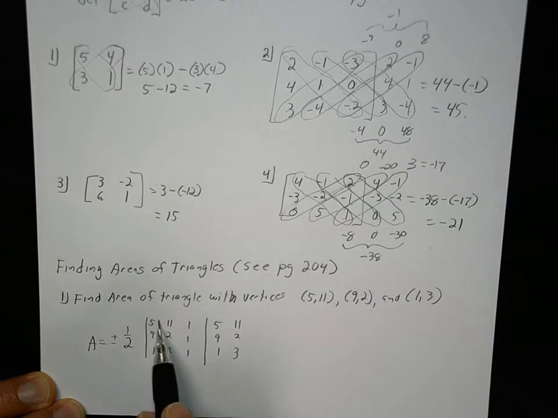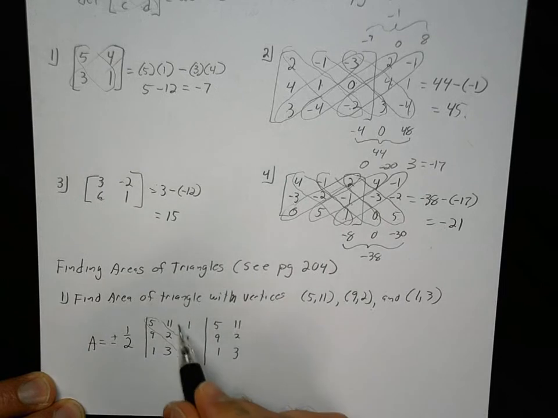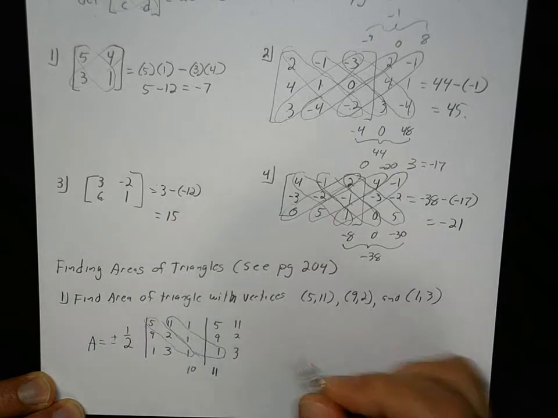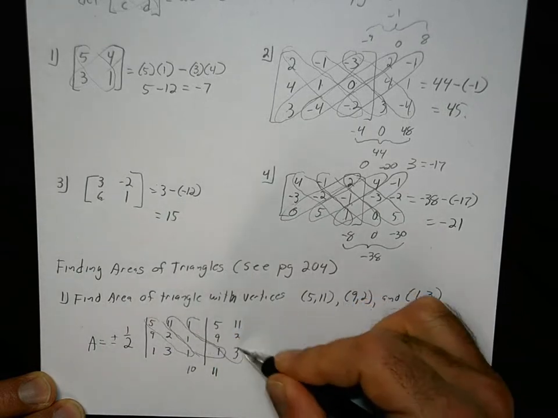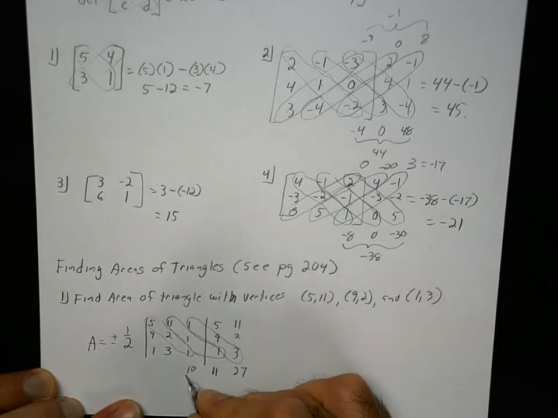So let's start multiplying that diagonal. It's 10. That diagonal is 11. And this diagonal is 27. Add those up. So what do we get? 48.